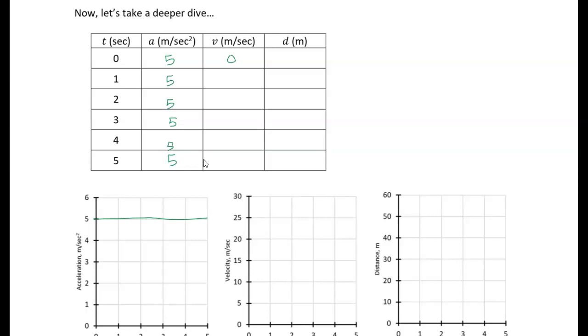Our car starts out at rest, and then the speed increases by 5 meters per second every second. That's what acceleration means. All right, so there we are. We're at 25 meters per second at the end of 5 seconds. Okay, and this is what our velocity graph looks like, right? It's going to go straight up there. Okay.